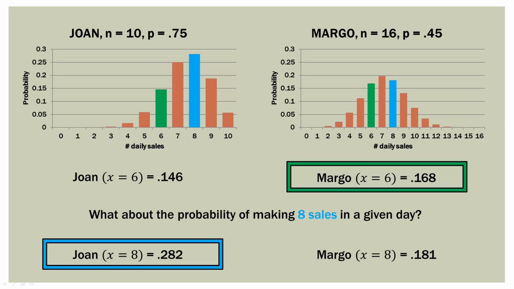So you can see that there's sort of a crossover point. If we're looking at 6 sales during any given day, Margot has the edge because she makes so many more calls, even though her success rate is lower. Now, when we're talking about 8 sales, Joan pulls ahead by quite a bit, because her success rate is so high and she makes 10 calls per day that she's going to have about 3/4 of those calls turn into sales, as we can see there.